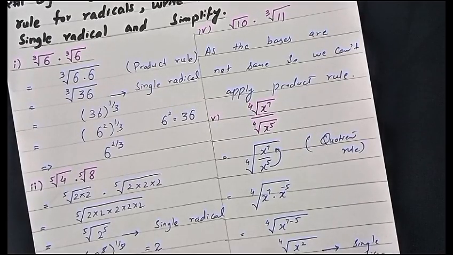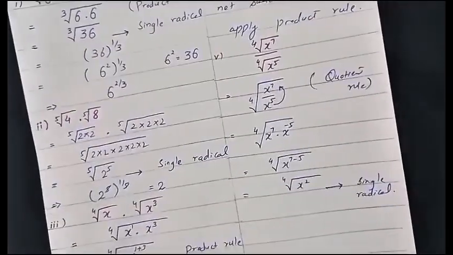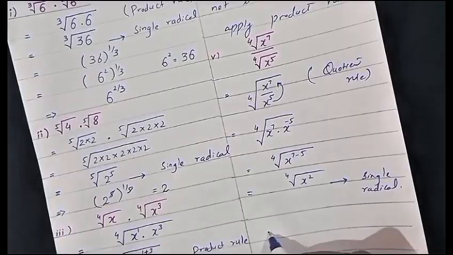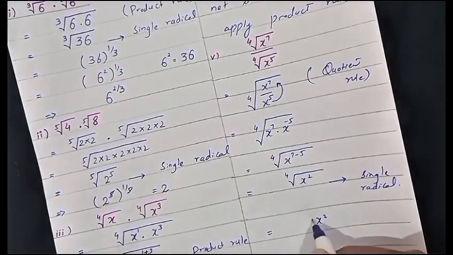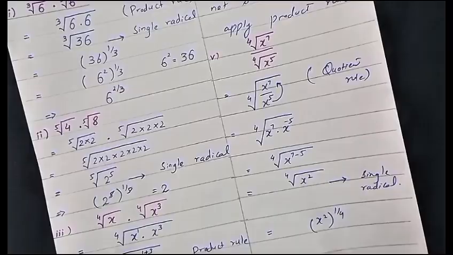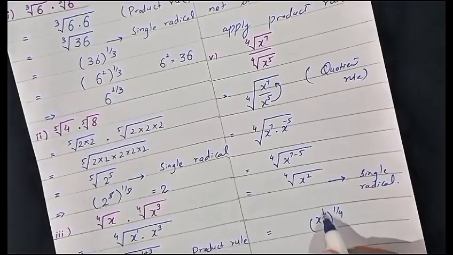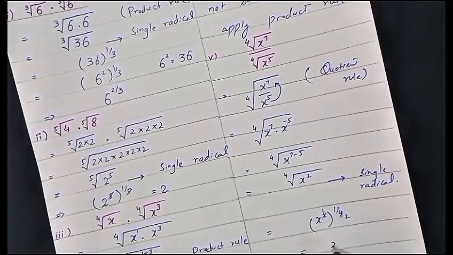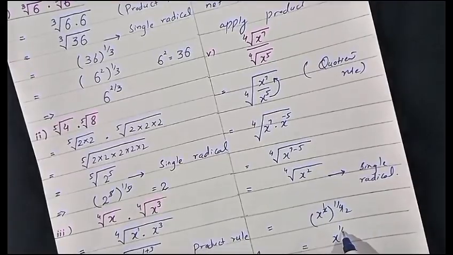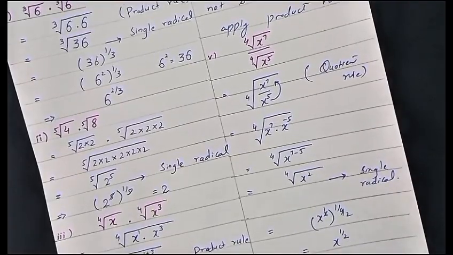So this is the representation as a single radical. Now we will simplify this radical expression by converting it into an exponential expression, that is x square whole power 1 by 4. Powers cancel each other: 2 ones are 2, 2 twos are 4, and that equals x power 1 by 2.